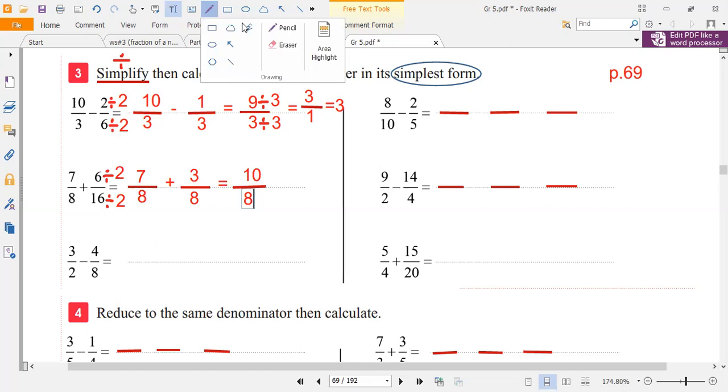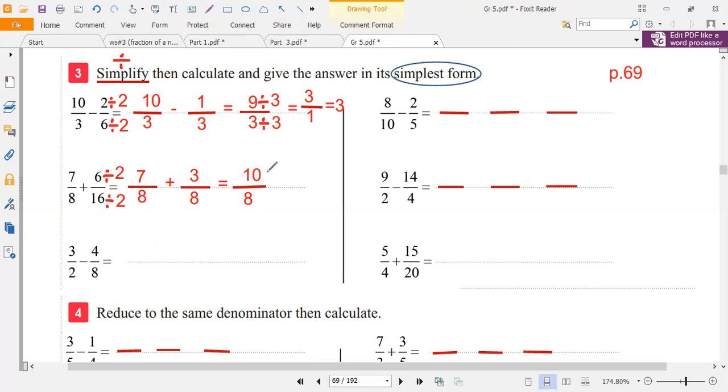We can divide the fraction by 2. 10 divided by 2, 5. 8 divided by 2, 4.